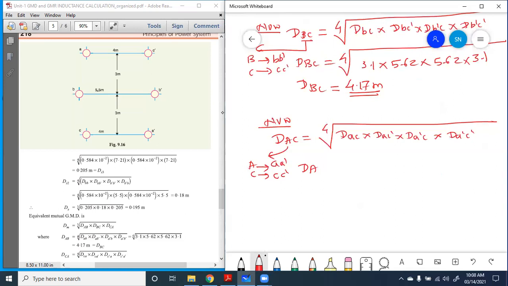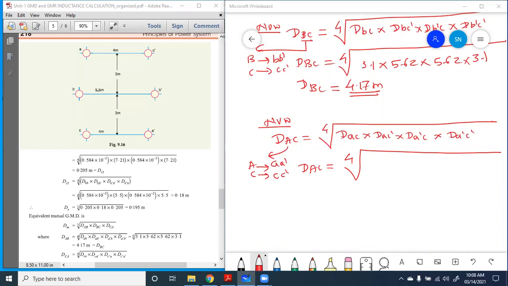Now DAC is equal to the fourth root of distance AC.